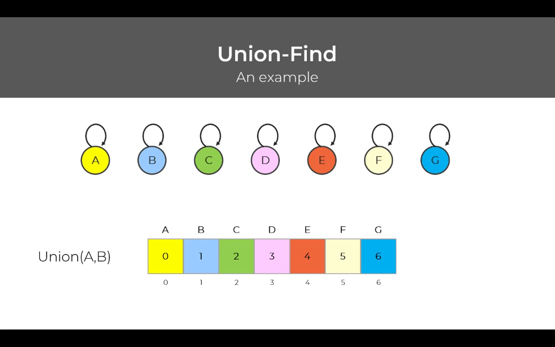Here, I'm going to define that B is part of the subset of A. In that case, A is the root and B is the child of A. It's in a way representing that subset as a tree. I'm going to signal in my array that A is the root, and therefore B is going to point to its parent, in that case the root A.